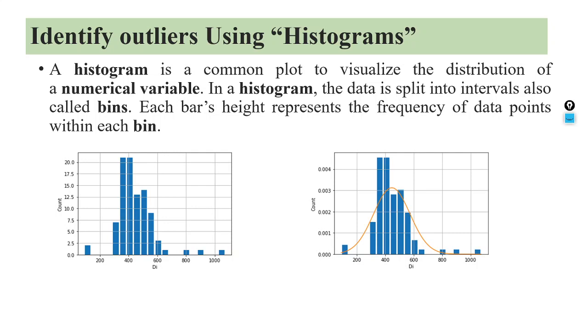Each bar height represents the frequency of the data points. On the y-axis we represent the counts and the x-axis represents the input feature. This curve is called the bell curve, which is a normal distribution.